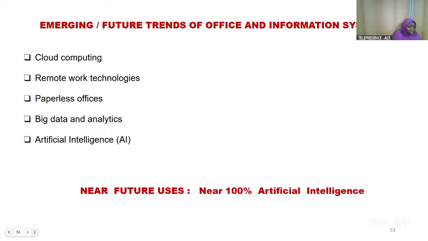Some you say three days in the week remote working, so you work from home. Even in Nigeria here, I know some people in Lagos that work three days from home and two days in the office. These are possibilities that came as a result of that bad occurrence we had in COVID-19. So people are working towards near 100% artificial intelligence.